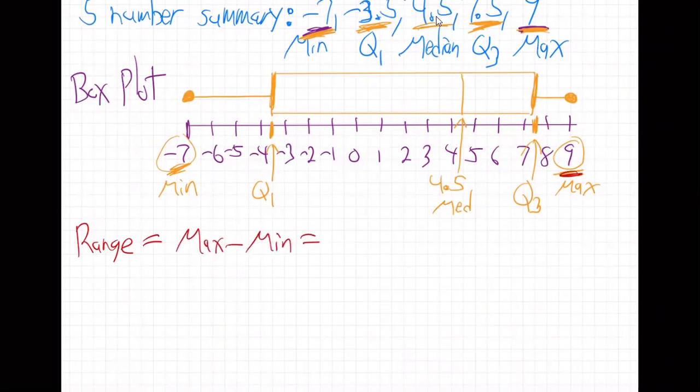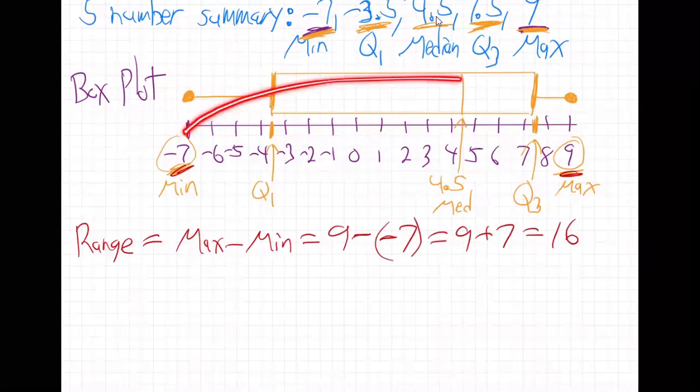So that's just going to be 9 minus negative 7. Be careful, double negative. You know that means add, right? Subtracting a negative means add. And that makes sense. How far from -7 all the way to 9? Well, it's 16.